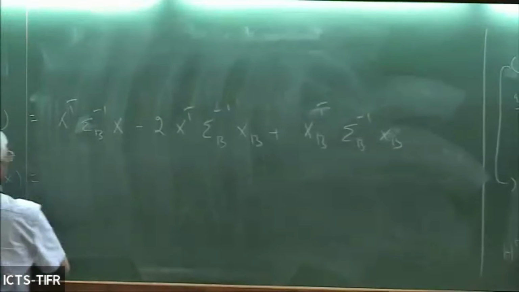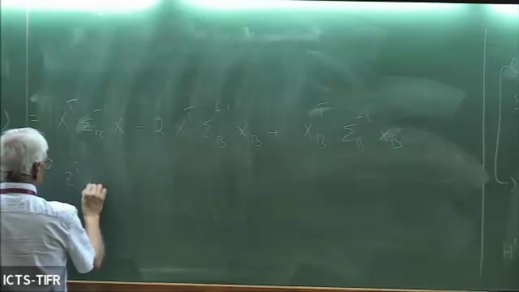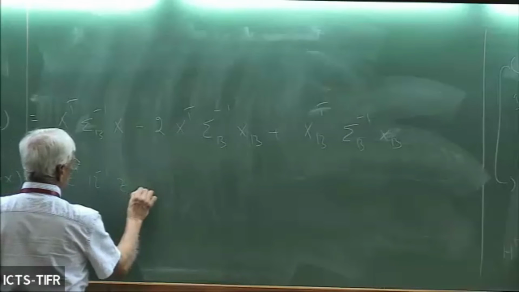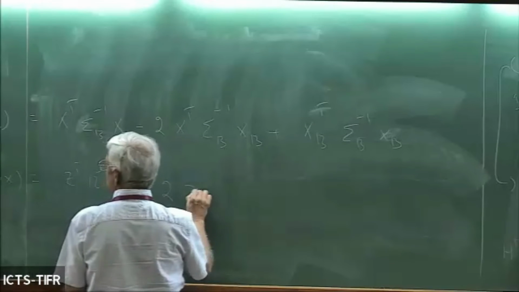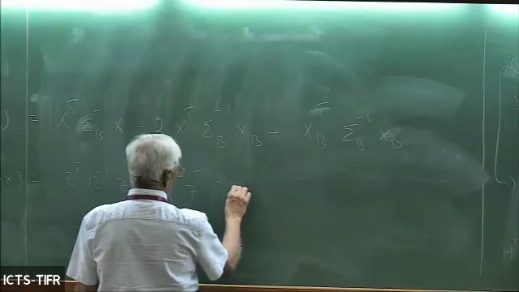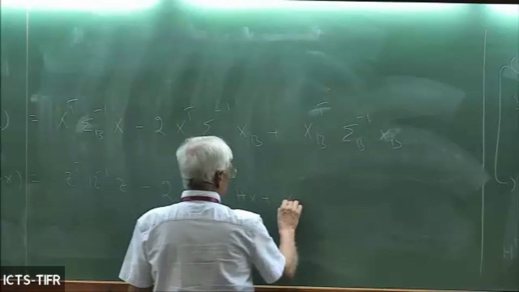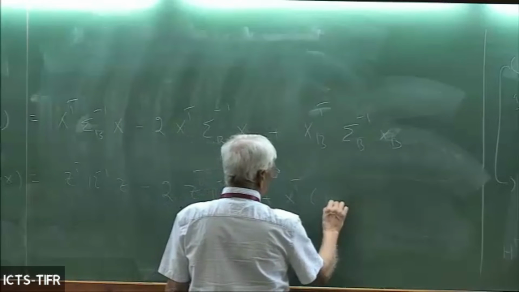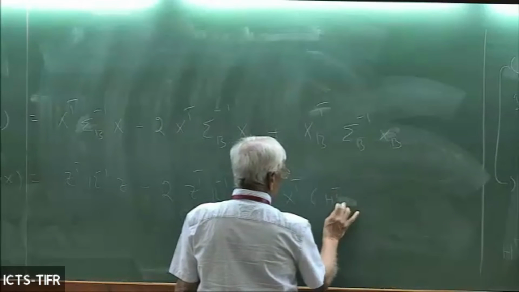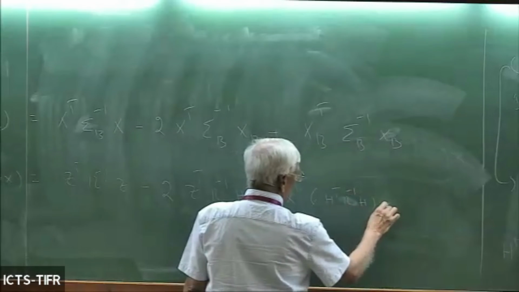And what is this? We already know this. Now, z transpose R inverse z minus 2 times z transpose R inverse H of x plus x transpose H transpose R inverse Hx.